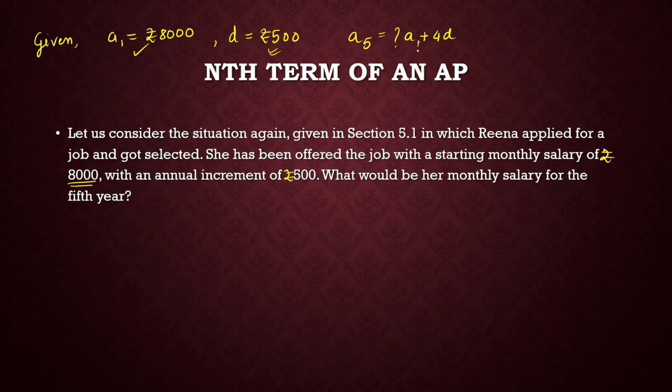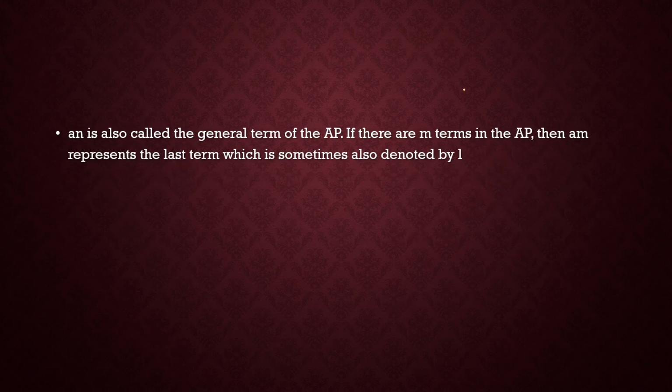Just substitute these values and you will get the answer. That is equal to 8,000 plus 4 into 500, which is 8,000 plus 2,000, that's 10,000. So her monthly salary in the 5th year is going to be rupees 10,000. Very simple question.